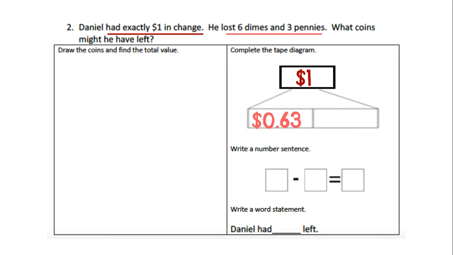What coins might he have left? This is where our answers could be different from one another. You can follow along with me or try on your own. Your choice what you want to do at this point. We're looking for this missing part. So we're going to set it up to find 100 cents or $1 minus 63 cents gives us something. Or something plus 63 equals $1.